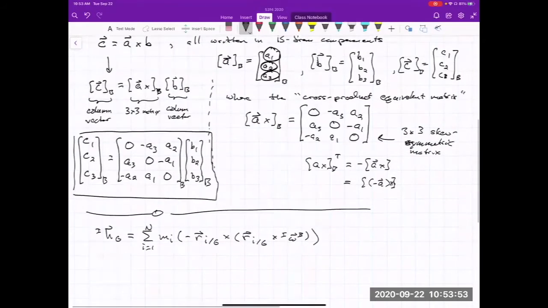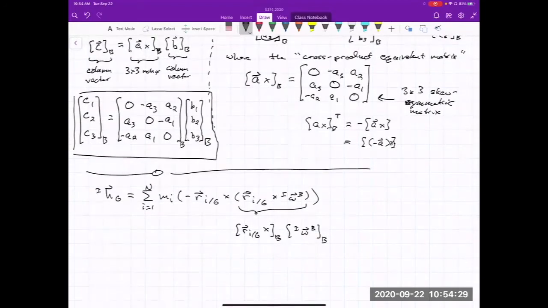And now we will write this cross product using exactly what we had up above. So what would this be? This would be r_iG cross. Then let's write everything in terms of the B frame components. So this is B. That's a 3x3 matrix with entries given the way we would expect them, times the column vector of omega, also written in the B frame.